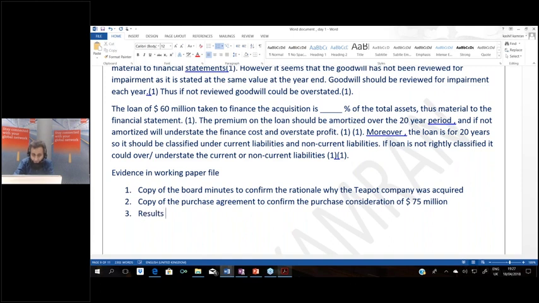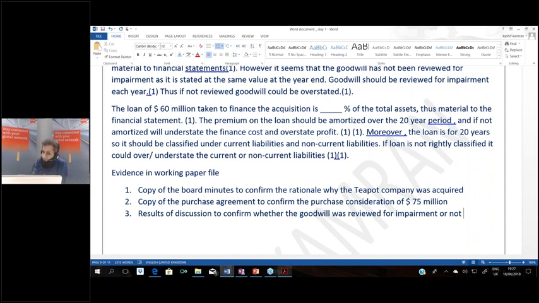Results of discussion to confirm whether the goodwill was reviewed for impairment or not. I should ask management whether they have tested the goodwill for impairment or not. So if I discuss with management, that is the procedure, right?